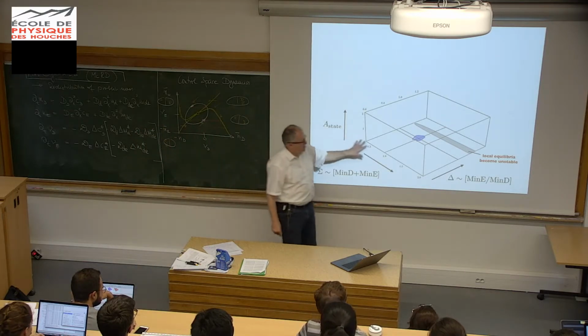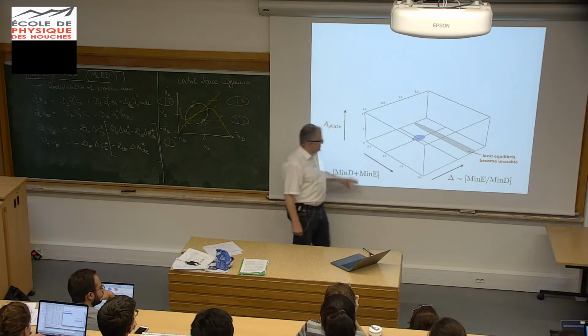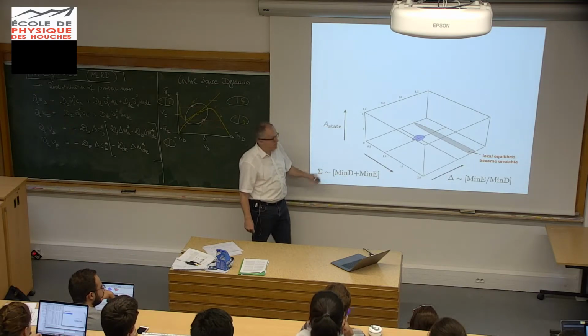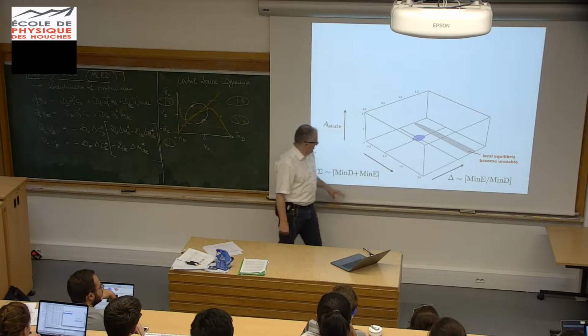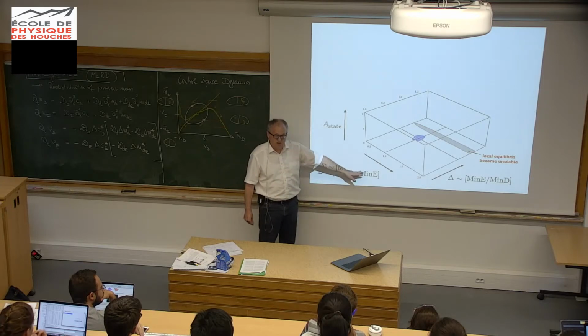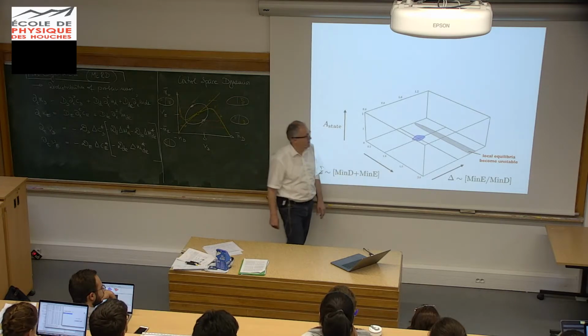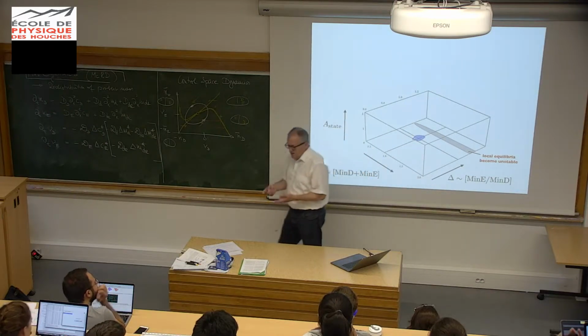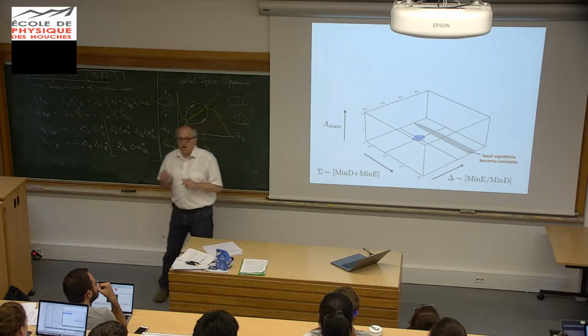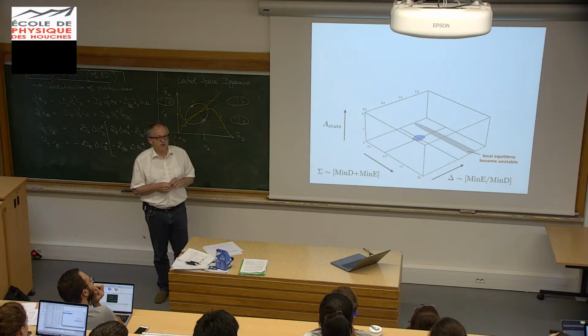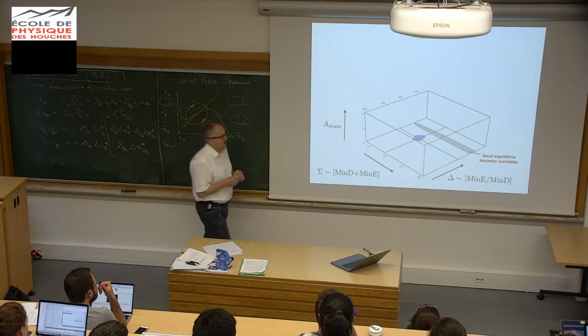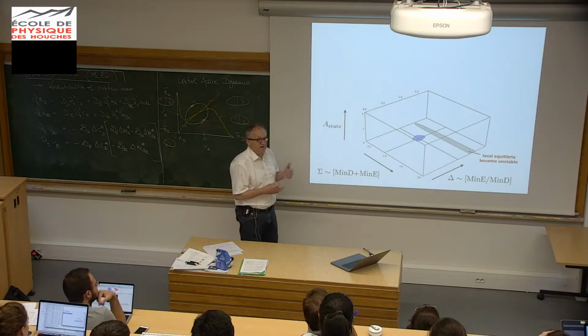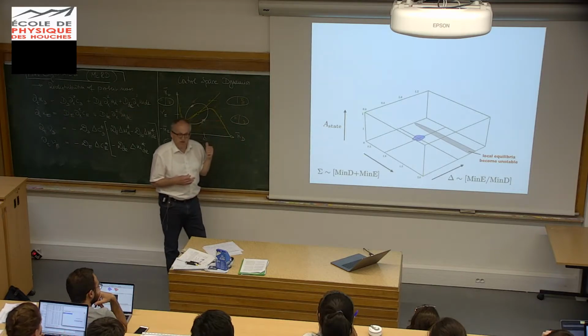You have here the control space, now not plotted as the min E number and min D number, but what we plot here is the total protein concentration of min D and min E, and the ratio of min E to min D. And then you ask the same question: what are the equilibria in that control space? And there's a catch now, which makes it much more interesting than the in vivo oscillations.